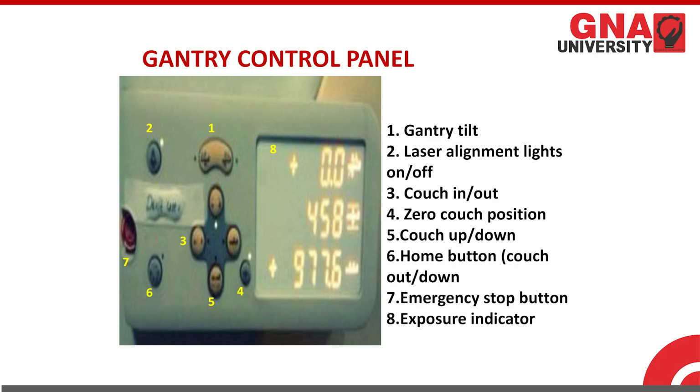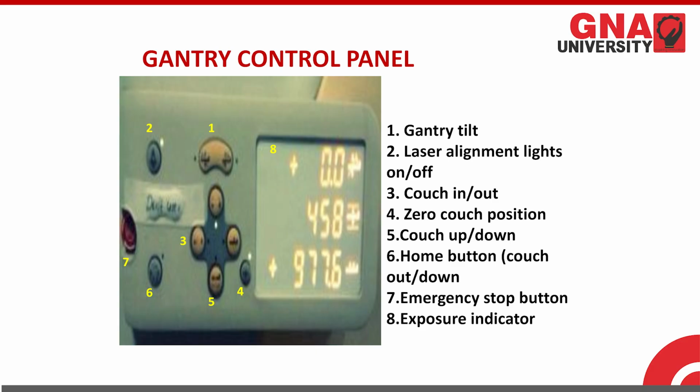As we perform the X-rays, we have to use the collimation lights. Here, for the patient positioning and alignment, we use laser lights. Third option is known as couch in and out. So with this particular button, we can make the couch go in and out of the gantry.